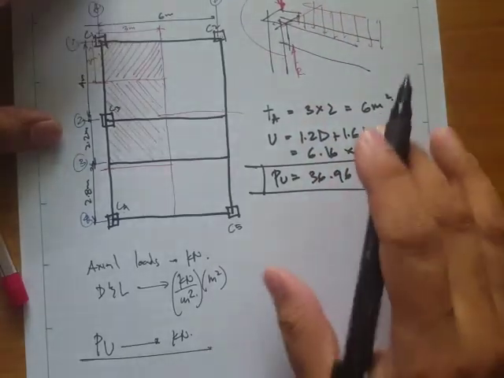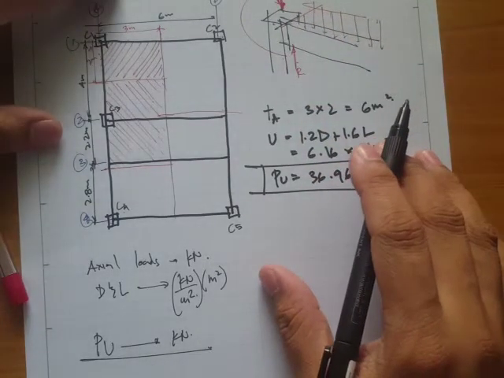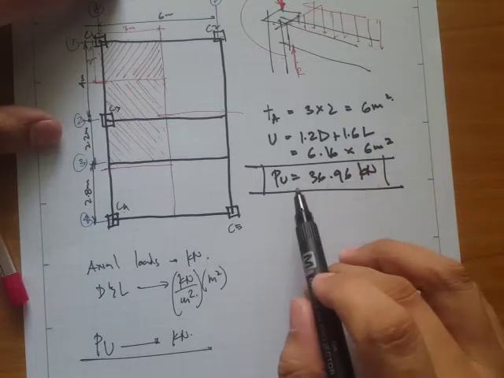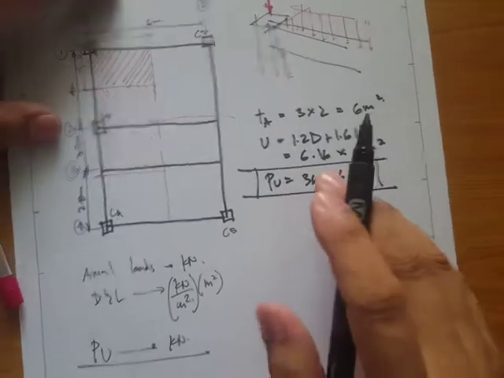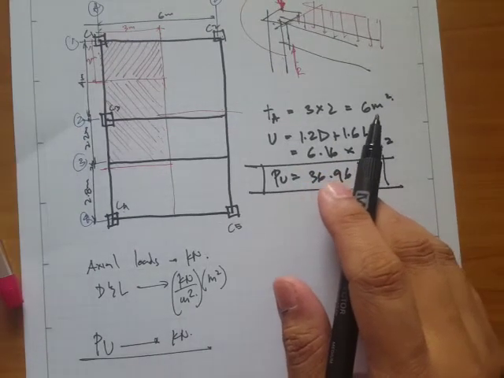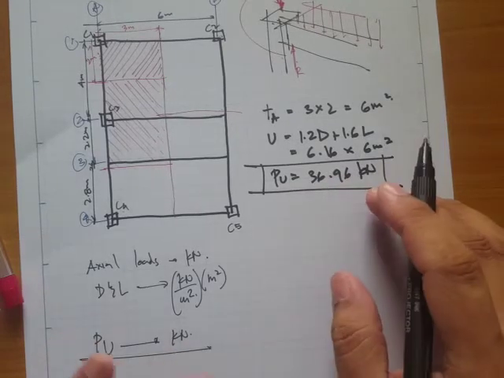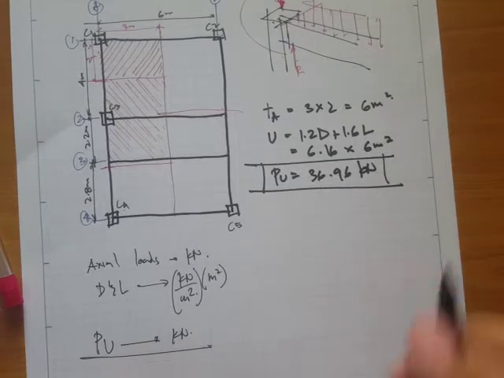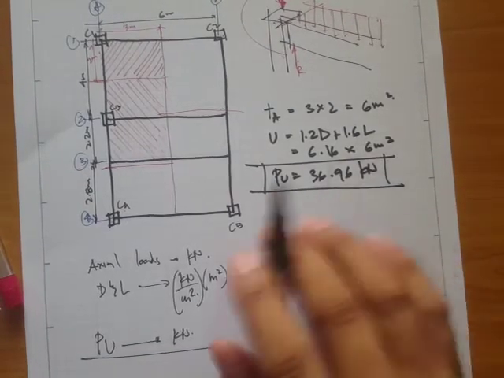This is just one method. Another method is by the reactions of beams and girders. The answer should be the same whichever method is used.